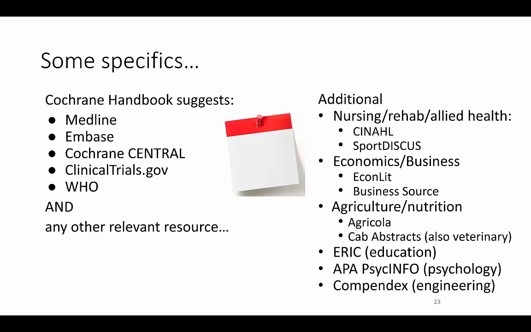Or maybe it's a psychology question. If your age group crosses over anywhere with school-age kids, and even into college, you might want to be searching ERIC for that topic. I've also realized over the last several years how much there is about health economics in EconLit or even Business Source, especially around workers and health insurance. So it's about giving that full picture because, of course, many times members of the team may be very siloed in their thinking about where they should go search.